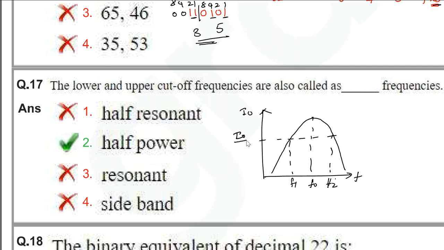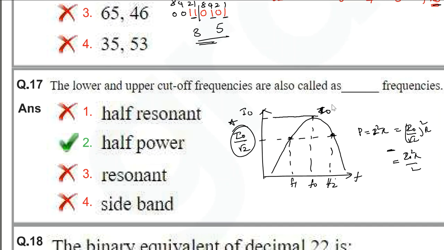Because here the current is going to be I naught by root 2 times. Power P is nothing but I square R, which is I naught by root 2 whole square times R, that is I naught square R by 2. Remember this point. Similarly, these points are known as half power frequencies because the power will be half at these particular points. Here it will be maximum, so here we have the I naught value.